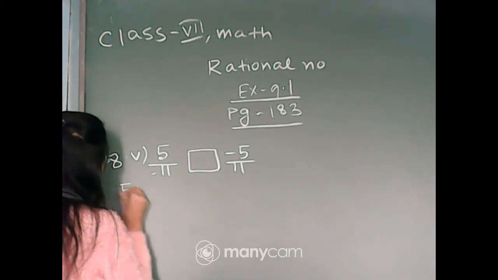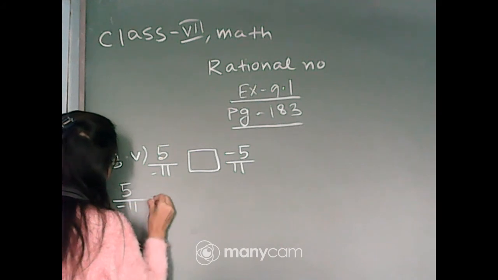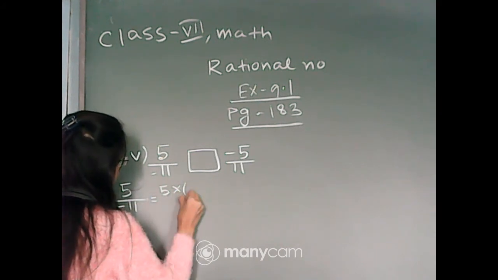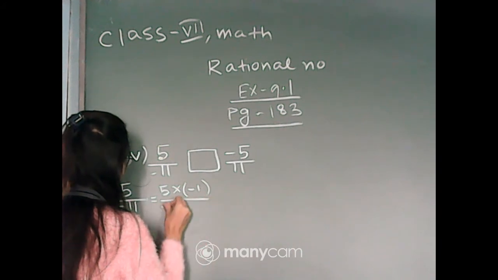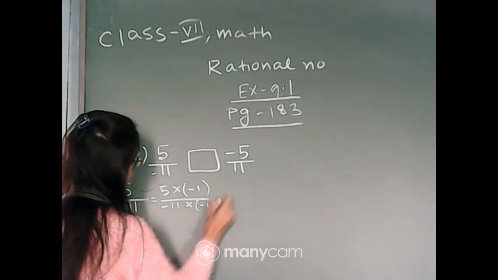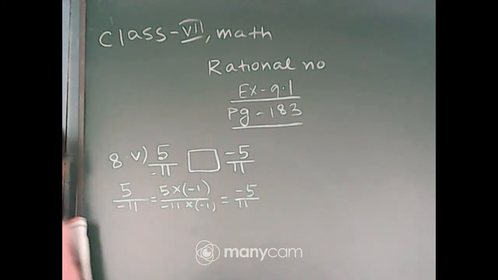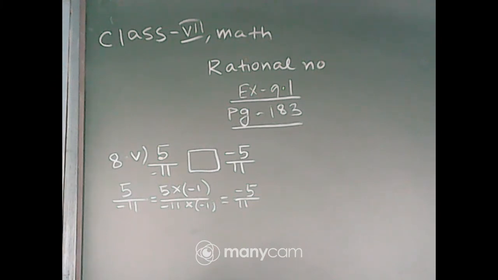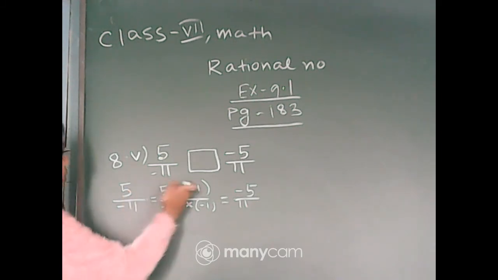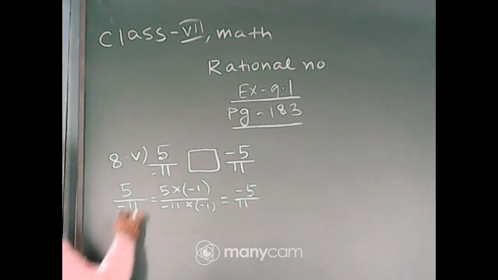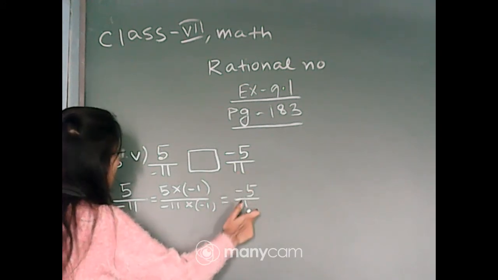Now we find that 5 divided by minus 11 is equal to minus 5 divided by 11, because we multiply both the numerator and the denominator of this rational number by minus 1, and we get minus 5 divided by 11.